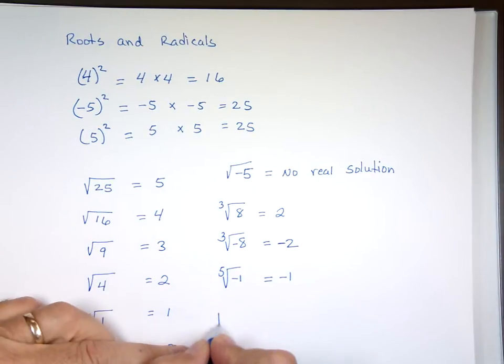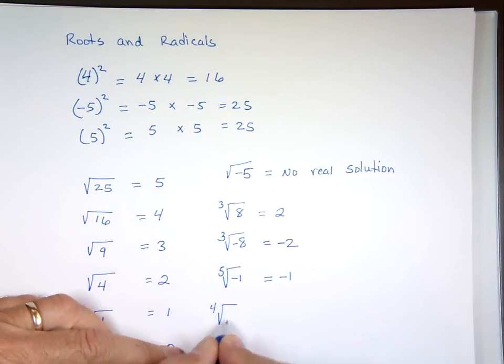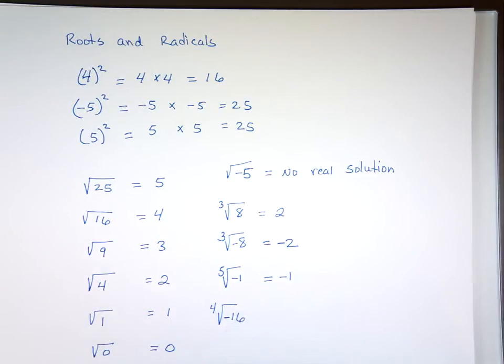What is the 4th root of negative 16? Fourth root. What number if you multiply it by itself 4 times? Even number. 4 times. Think again. The answer is negative 16. Two times 2 times 2 times 2 is not a negative 16.